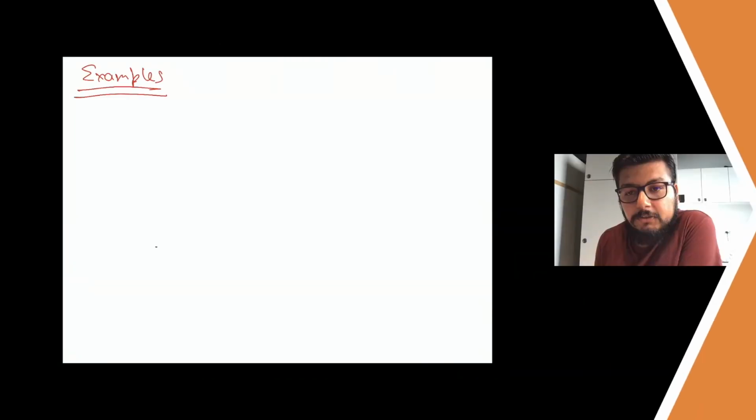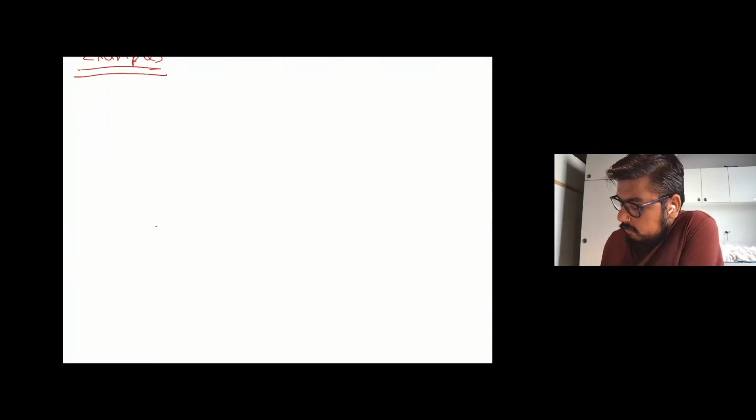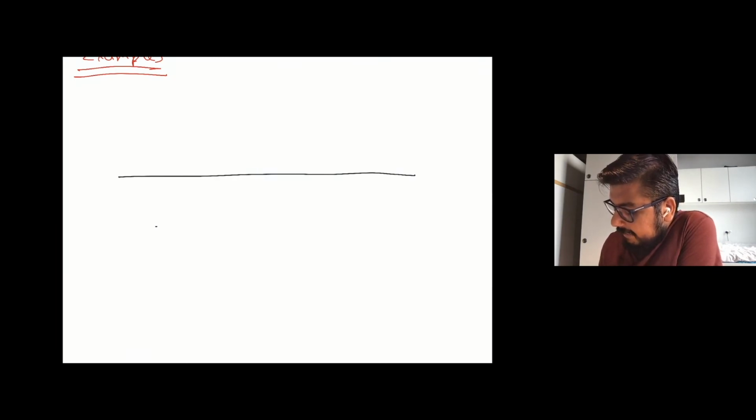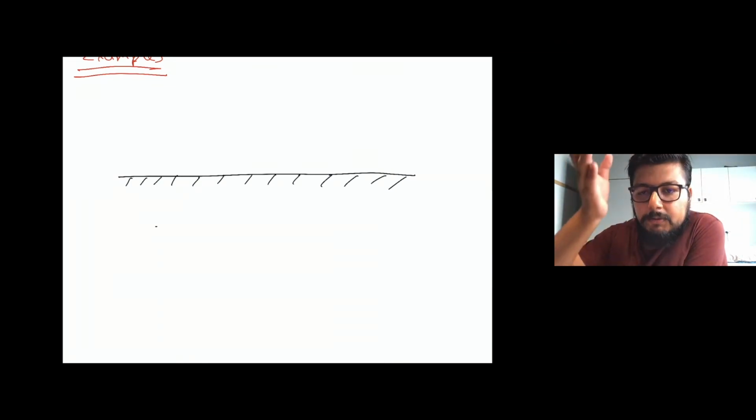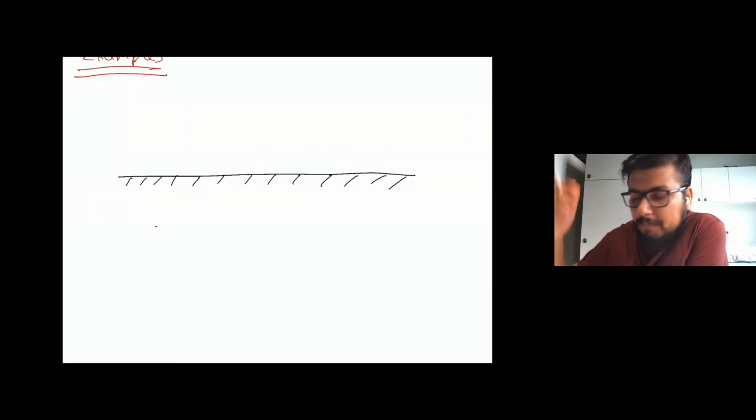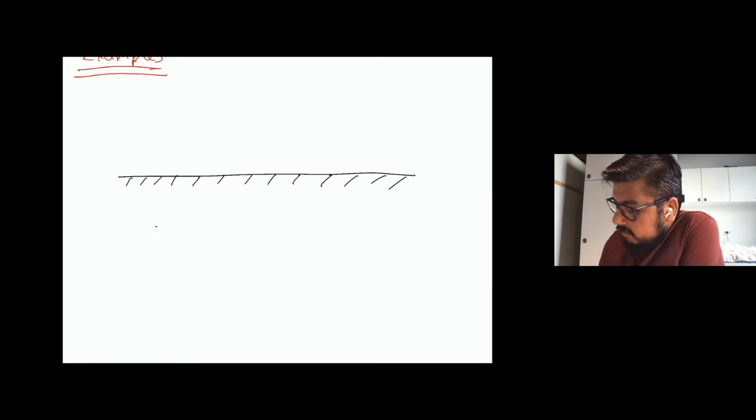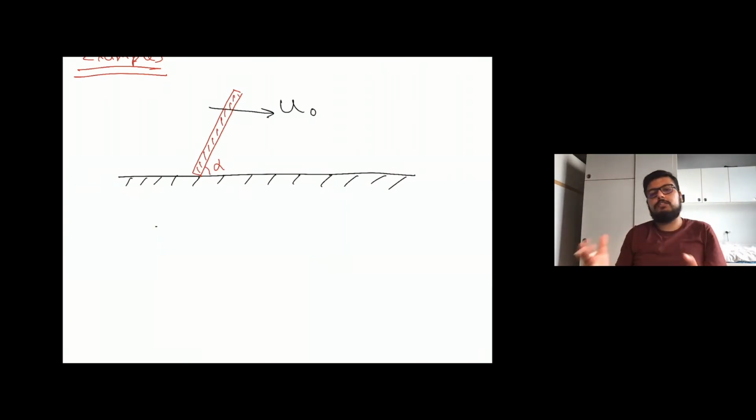So let us try and draw the schematic of such flows. So in both the flows, what we saw was that we had a flat surface which was horizontal in the case of painting, and it was vertical in the case of plastering. And there was another plate which was at some angle alpha, and this plate was moving with a velocity u naught.